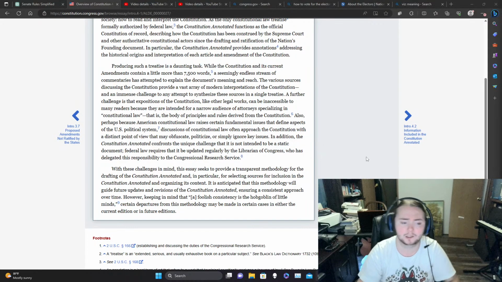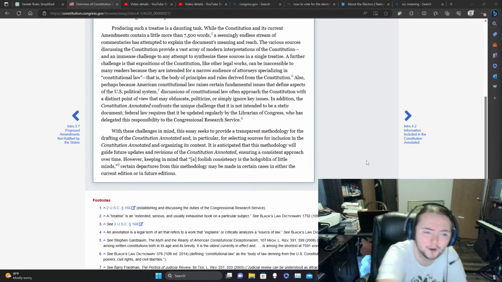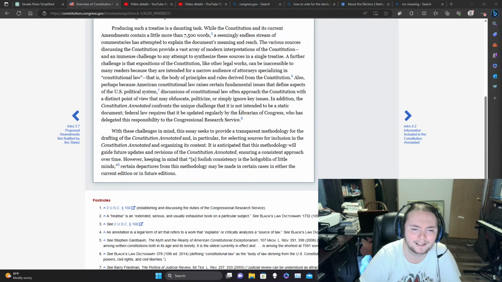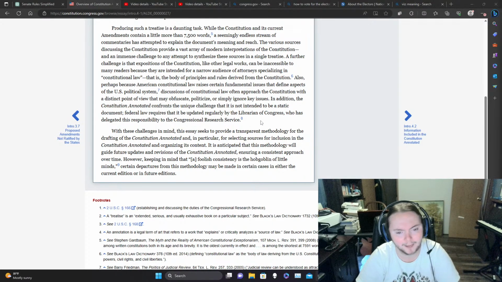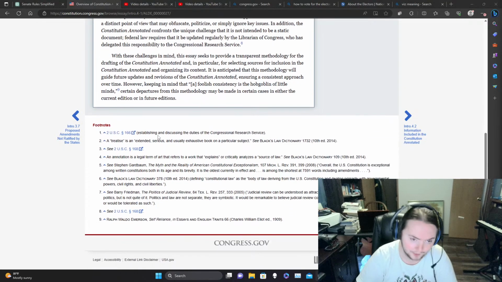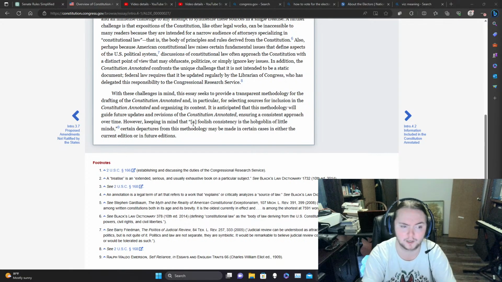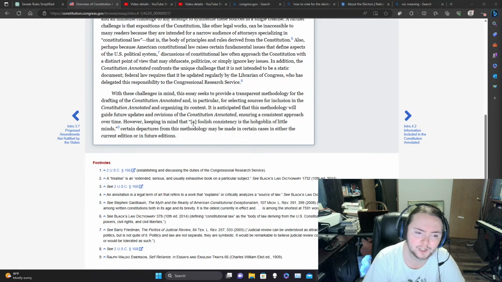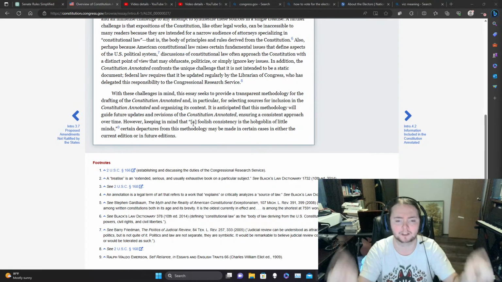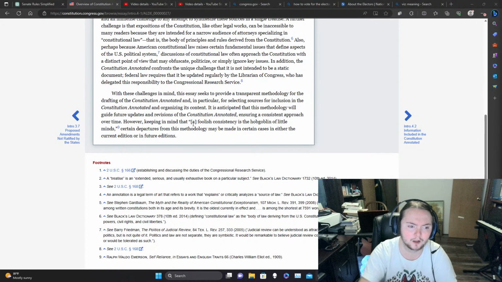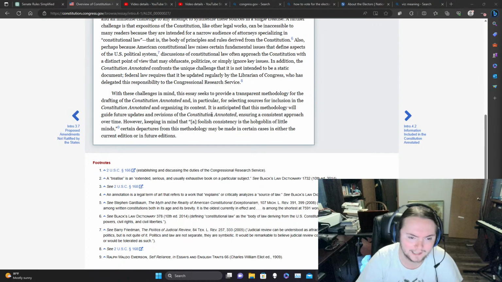In addition, the Constitution Annotated confronts the unique challenge that it is not intended to be a static document. Federal law requires that it be updated regularly by the Librarian of Congress, who has delegated this responsibility to the Congressional Research Service. With these challenges in mind, this essay seeks to provide a transparent methodology for the drafting of the Constitution Annotated and, in particular, for selecting sources for inclusion in the Constitution Annotated and organizing its content.